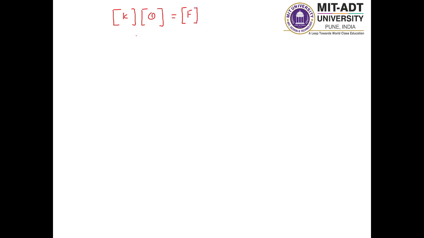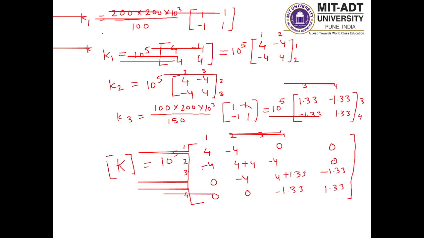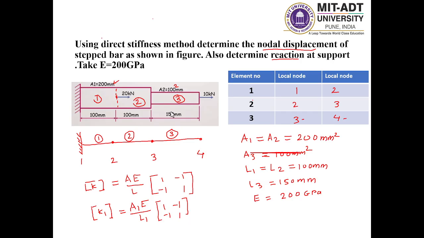Now, before defining the elements, let's see what is given here. As there is a support, here we will have a reaction force. At node 2, 20 kilonewton is given. At node 3 we don't have a force, so we consider this as 0, and at node 4 it is given as 10 kilonewton.